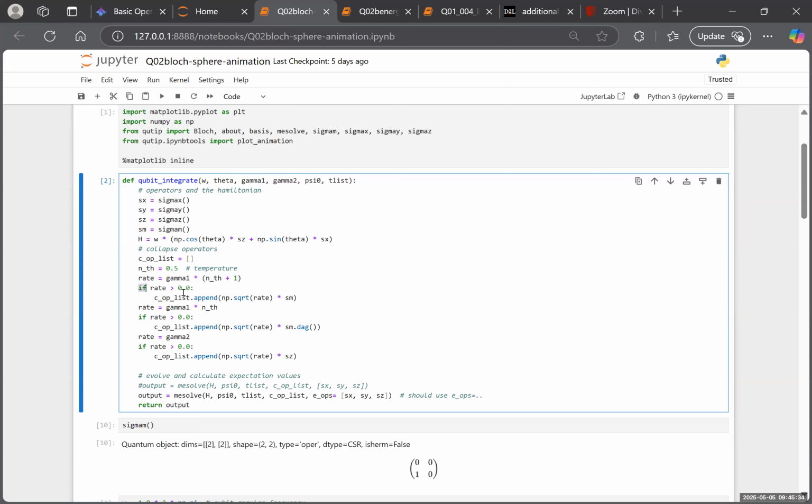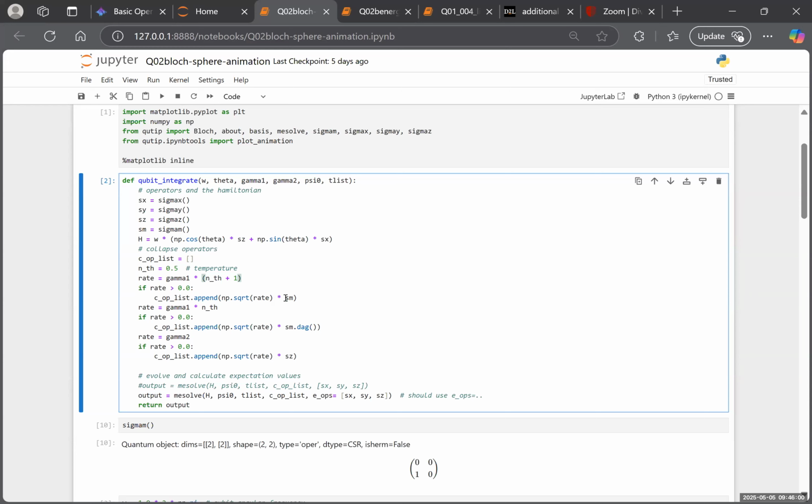If the rate is greater than 0, then you add this operator. What operator? It's an amplitude, so you write square root of the rate, and then you times the sigma minus.